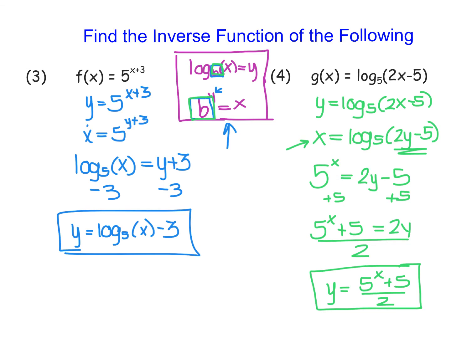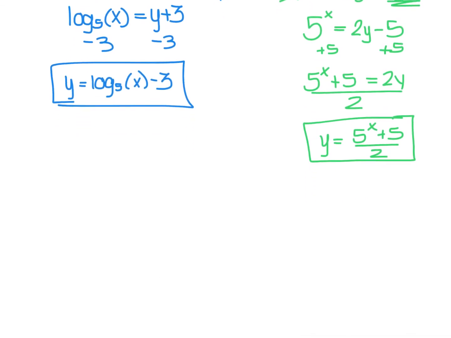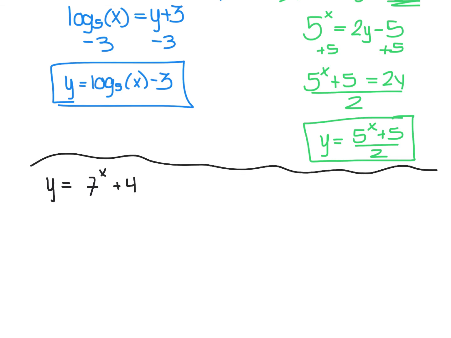Now the last type of example I want to walk you through is what happens if the logarithm or the exponential aren't by themselves. So say you have something that looks like y equals 7 to the power of x plus 4. Or say you have something like y equals log base 2 of x minus 3.